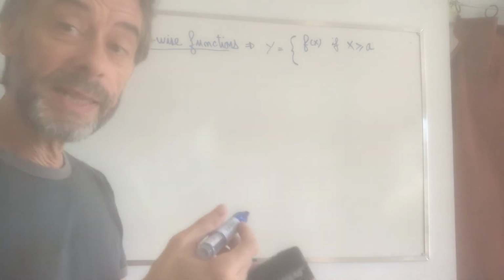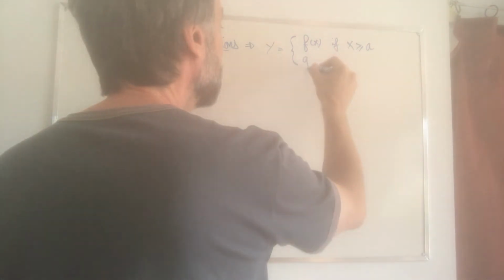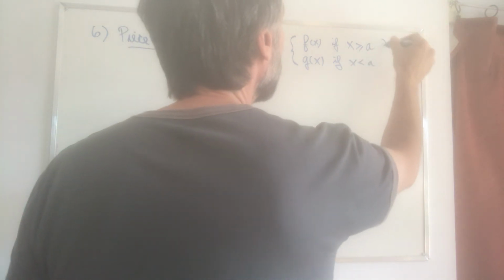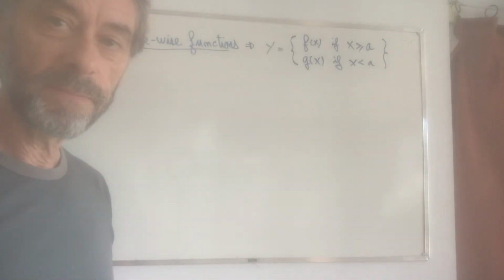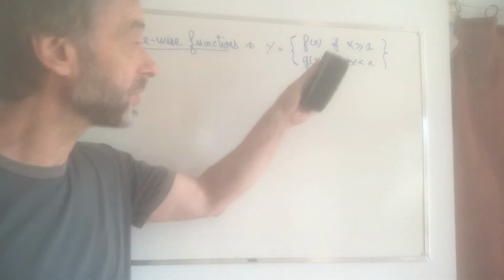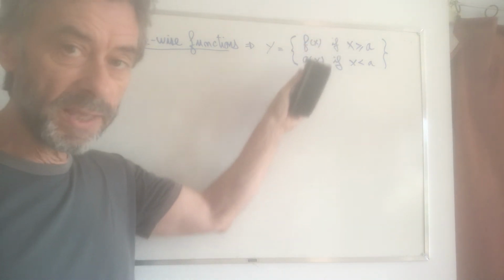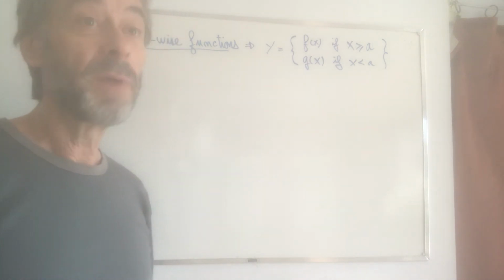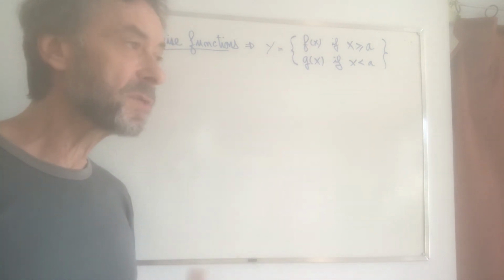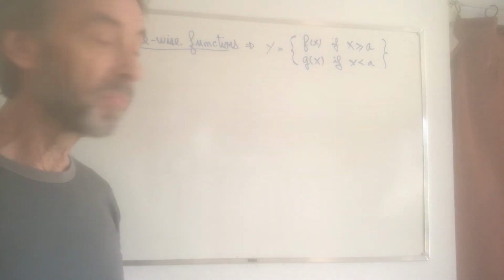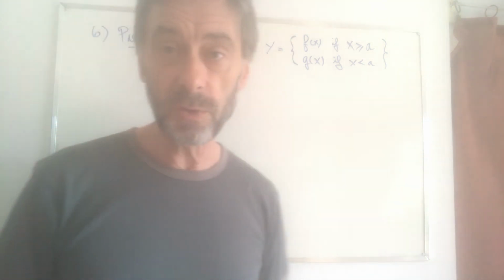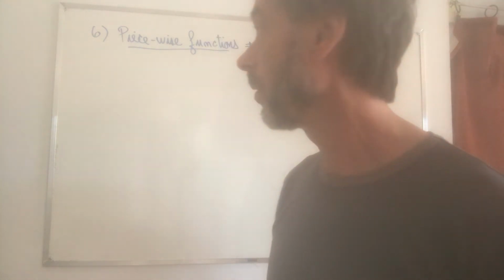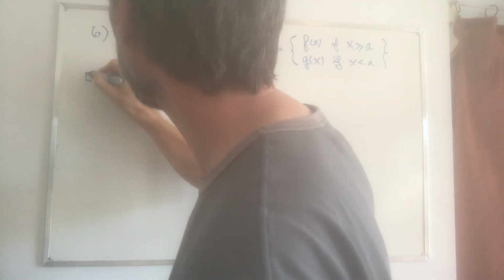And then it can be a completely different function, g of x, if x is less than a. So this is a piecewise function because it's defined in terms of pieces. I've defined a function here that has 2 pieces, f and g. But clearly you can have functions with 3 pieces or 4 pieces or whatever. These are functions that are useful to be able to graph when we hit the part of calculus called continuity. So let's do an example of what this may be.